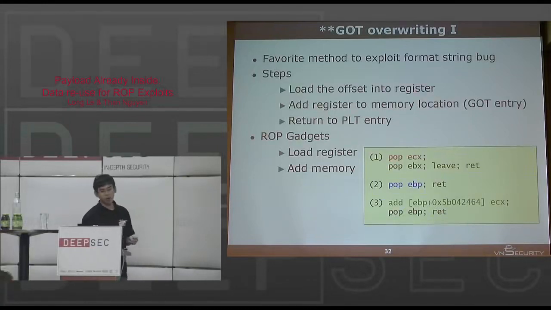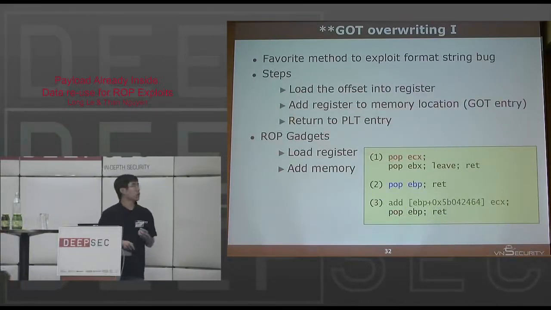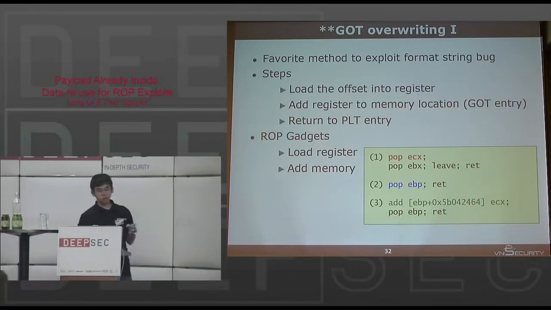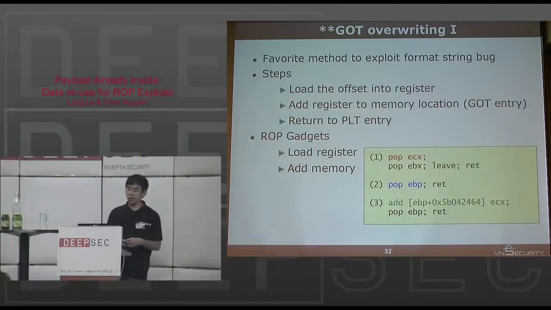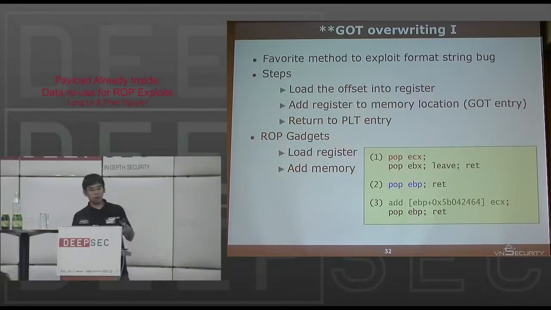For this, we have a couple of different techniques, like GOT overwriting or dereferencing. GOT overwriting is one of the favorite methods for format strings, where you overwrite the GOT entry of some libc function with some other value to call the other code you want.